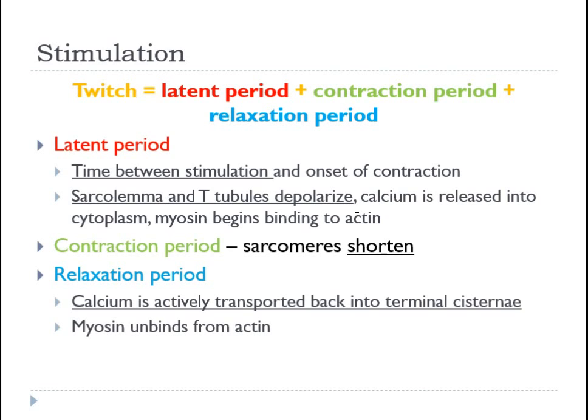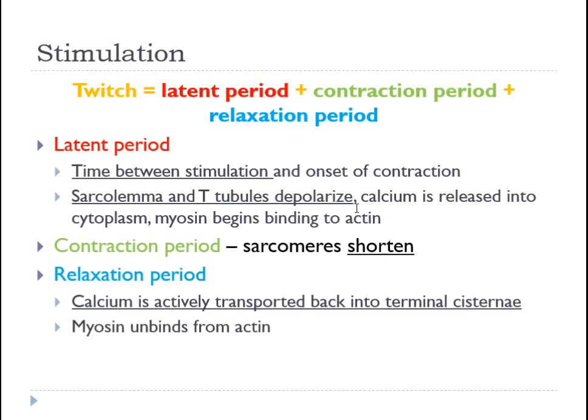So when we have a muscle twitch, a few things happen. The first thing is the latent period occurs, and that's the time between the onset of the stimulus and the contraction. This is when the T-tubules are being depolarized and calcium is released, and it's starting to move the muscles. You start to get the myosin heads to bind onto the actin.